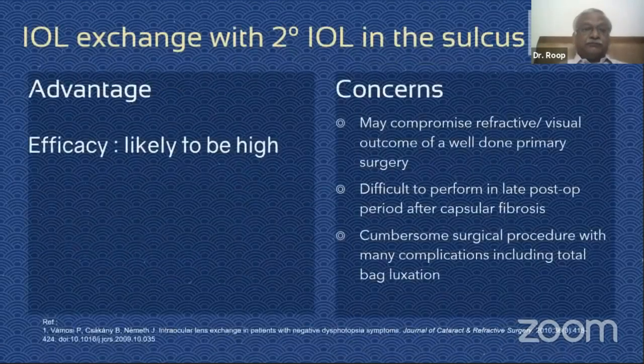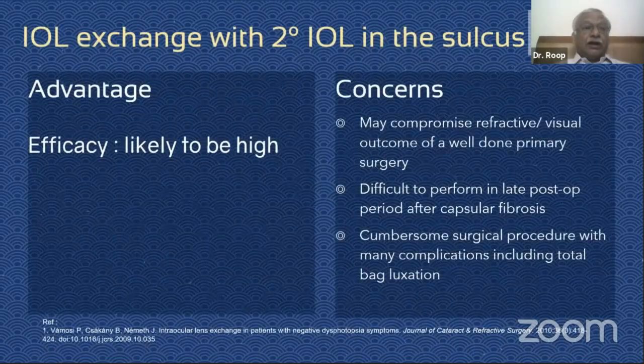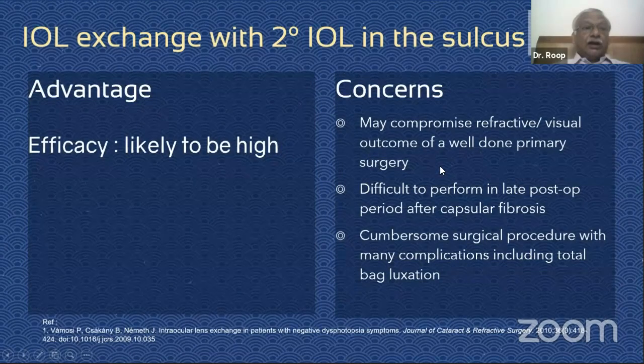taken up. Then another strategy can be to exchange the lens with a secondary lens which is placed in the sulcus. It is a very efficacious therapy, but it may compromise the wonderful result that you have already got with your primary surgery.